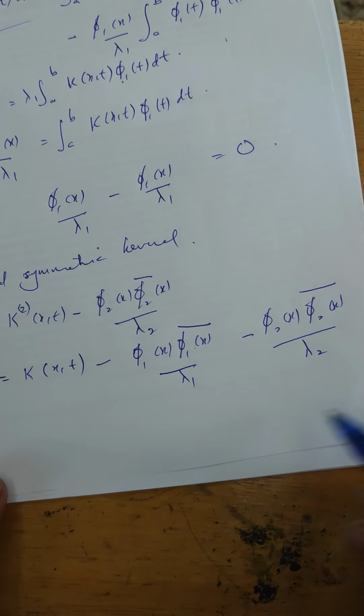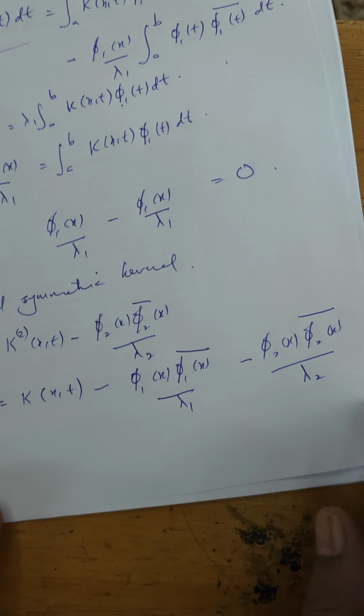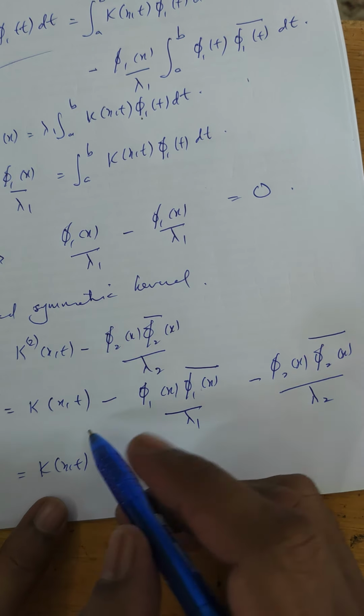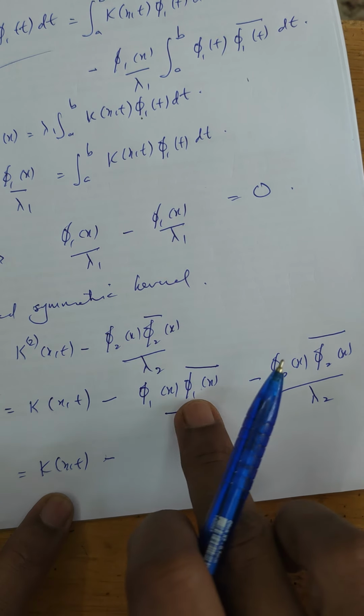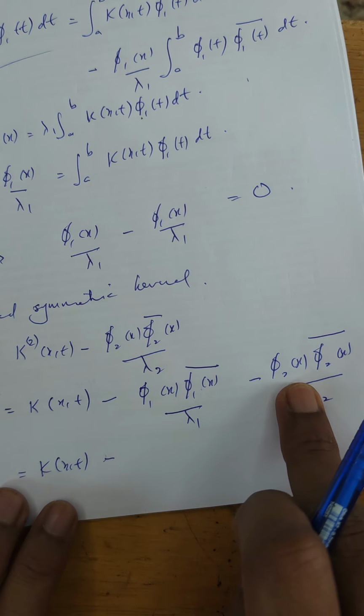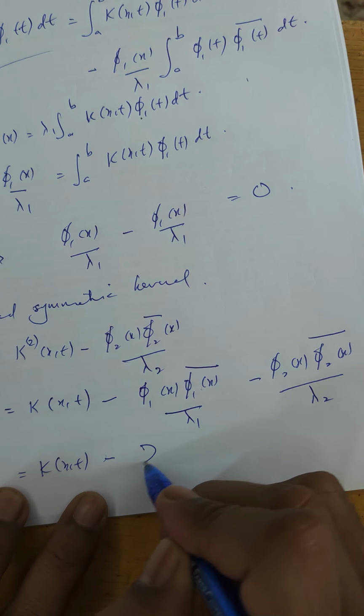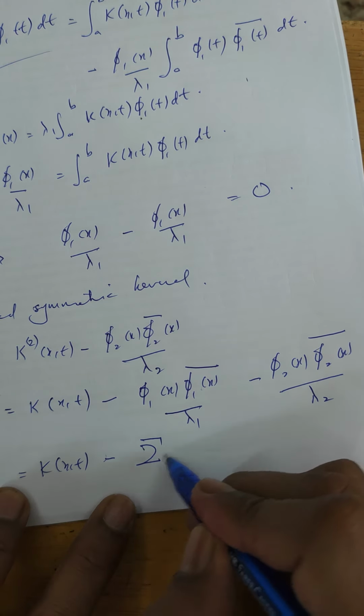Then we can write this in a more compact form: k x t minus the summation over k equal to 1 to 2, because we only have 2 here, of phi k x phi k t bar over lambda k.